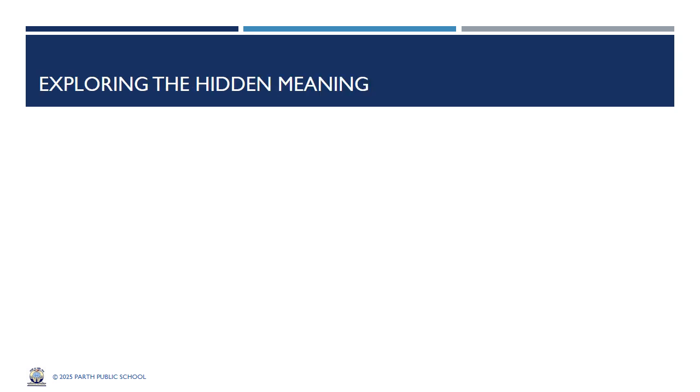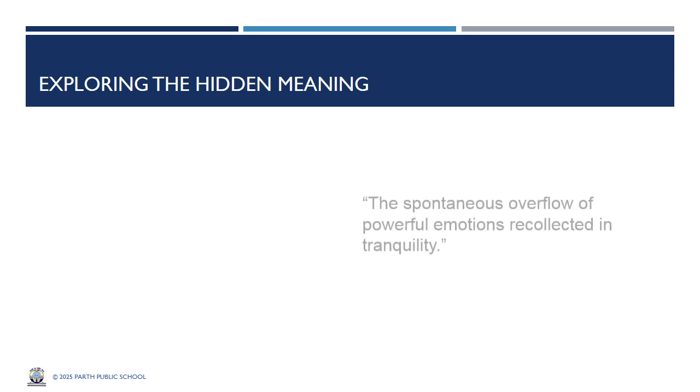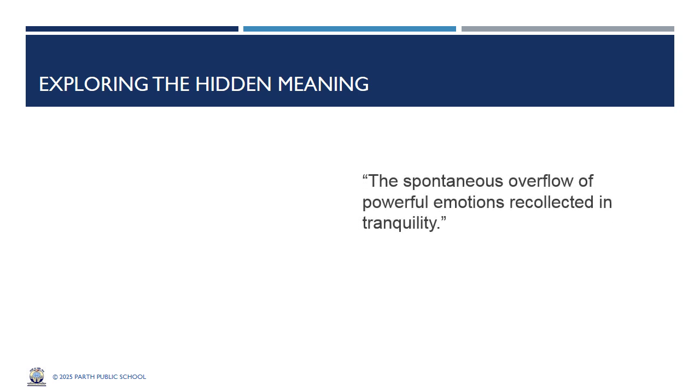Right? Now, how to explore the hidden meaning in any poem? What you have to do is first understand what the poet thinks about poetry. Here is a quote by Wordsworth himself. When somebody asked him, what is poetry to you? He said, "Poetry is the spontaneous overflow of powerful emotions recollected in tranquility."